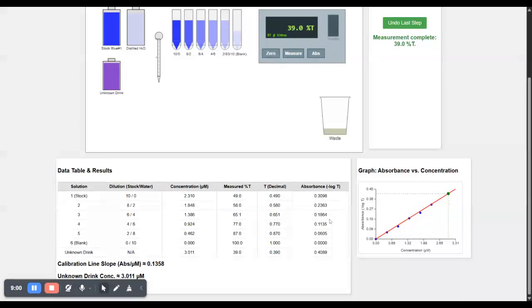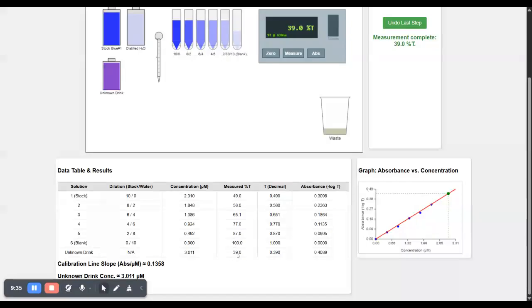So this is going to range up to our highest, which is 2.5, for the most diluted. We're going to plot this in our calibration curve. We see how the graph is linear. This confirms Beer's law. The slope of our line is 0.1358 absorbance per concentration.